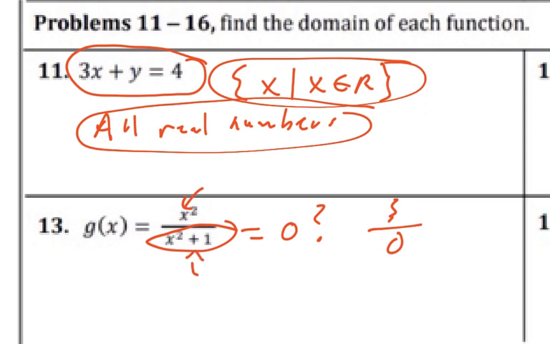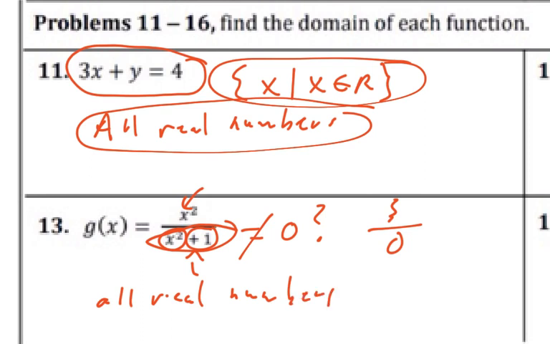That's where we get our vertical asymptotes and so on. Well, in this case, because x squared is always positive and plus 1 makes it even more positive, it can never be 0. Hence, number 13, we would also say all real numbers.